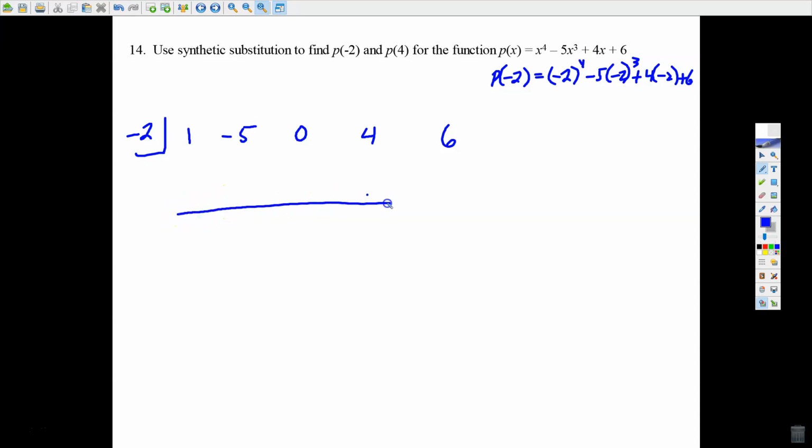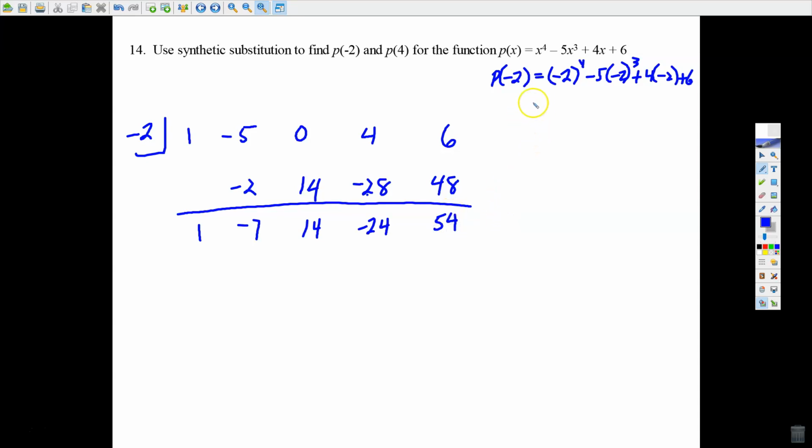And now we're going to do synthetic division, just like we did in the previous problem. So we bring down the 1, multiply, add, multiply, add, multiply, add, and 48 and 54.